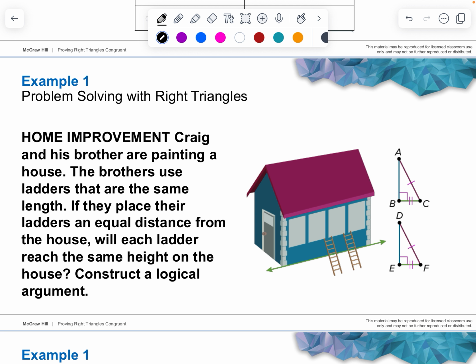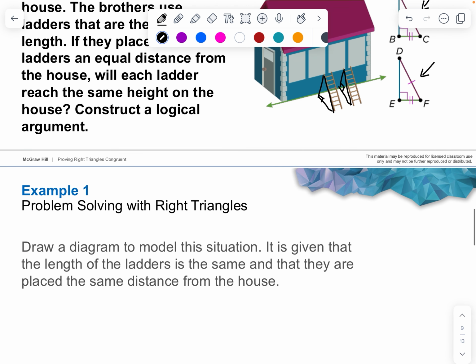So they're almost asking you to write like a paragraph proof, which we don't really do, but that's what they've written out there. So they've drawn out these models to show these two ladders, at the 90 degrees here.